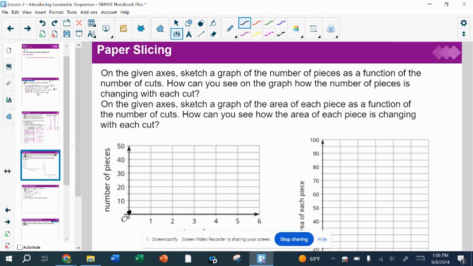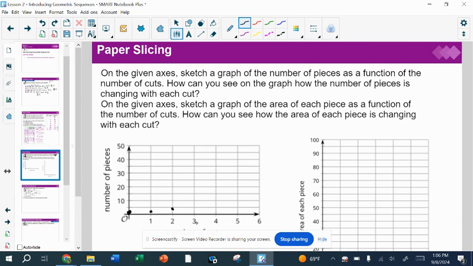After 1 cut, I had 2 pieces of paper. And remember, this is 5 right here, so this should be less than half. I know that my pen is making a mark that's way too big right there. At 2 cuts, I have 4 pieces, so still under that first line, but it is growing.